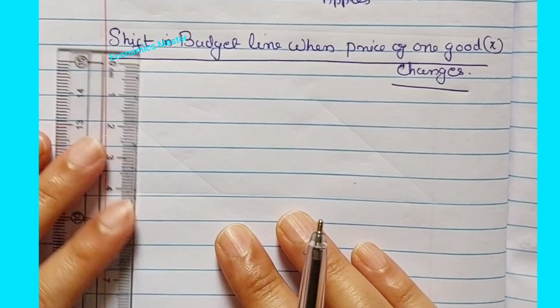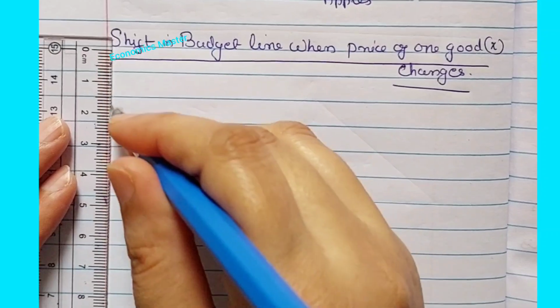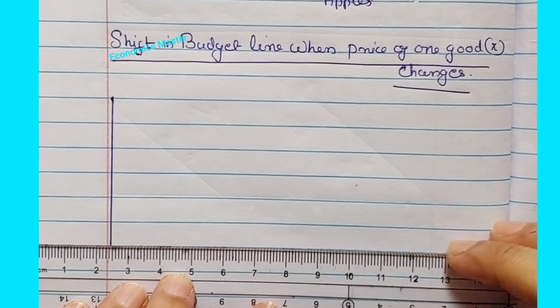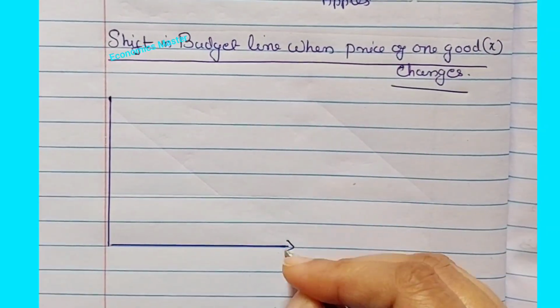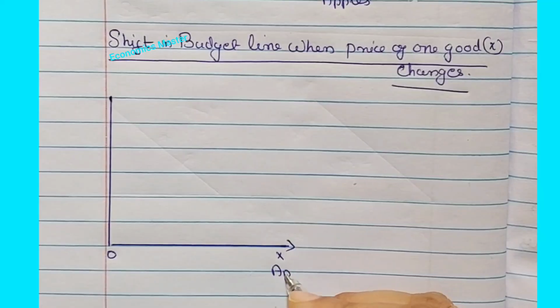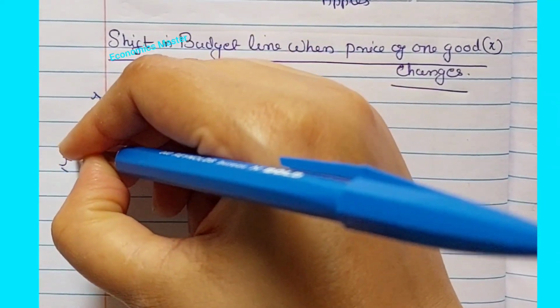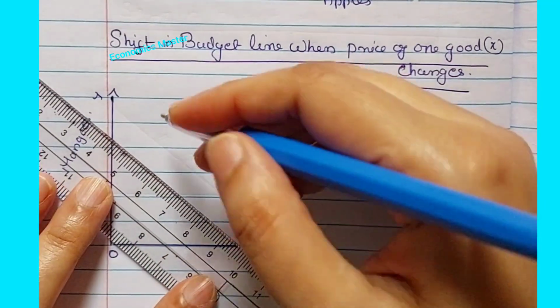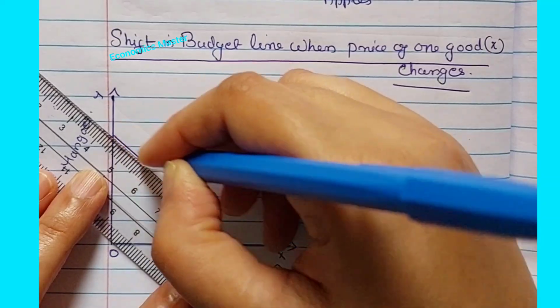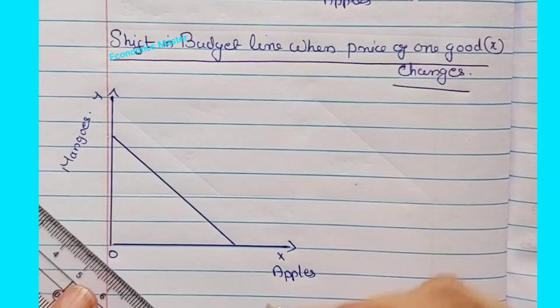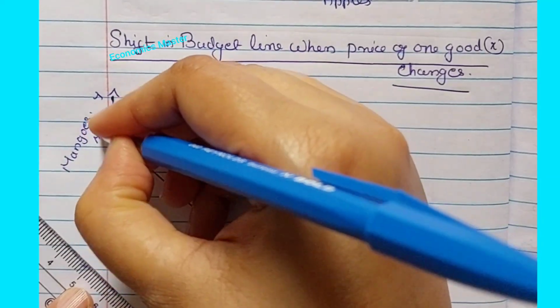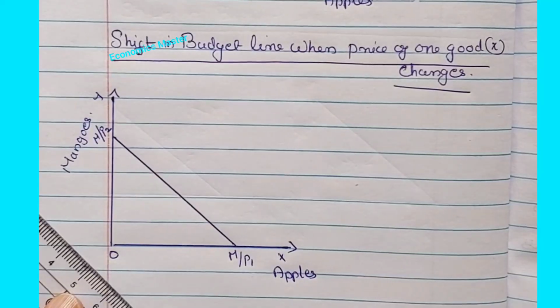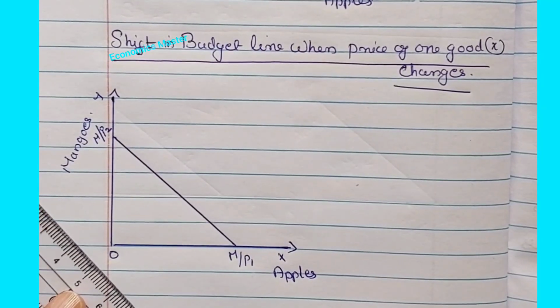Shift in budget line when the price of one good X changes. If the price of good X, or apples, increases from P1 to P1 dash, the budget line becomes steeper.